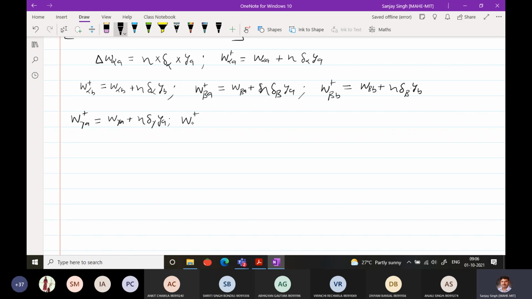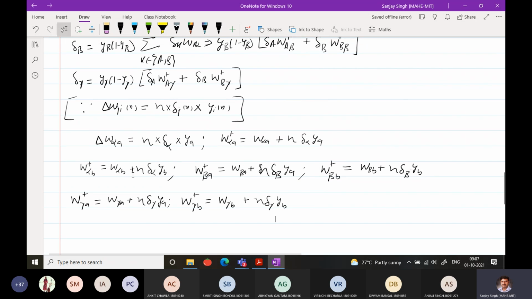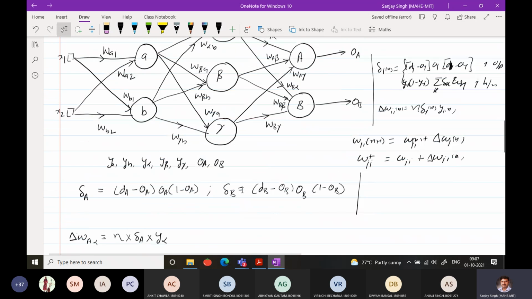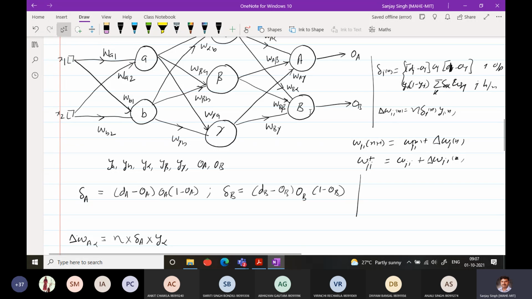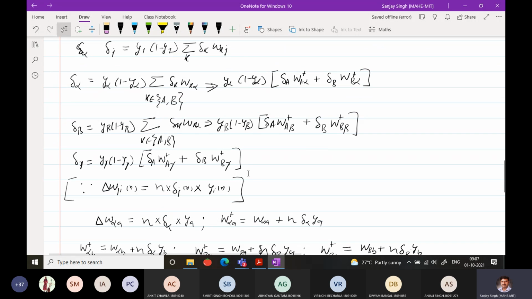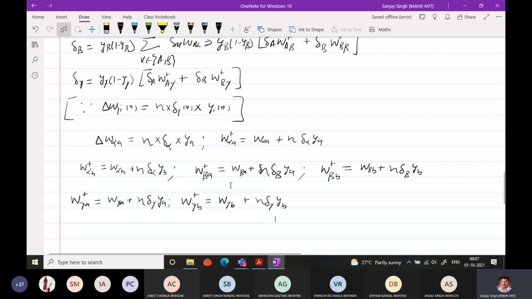Likewise, I could have written this gamma B, so W gamma B plus eta delta gamma Yb. Okay. So all those six weights, 1, 2, 3, 4, 5, 6 weights we have calculated. We have found all these weights. And remember this one thing. Don't you think I'm missing something?